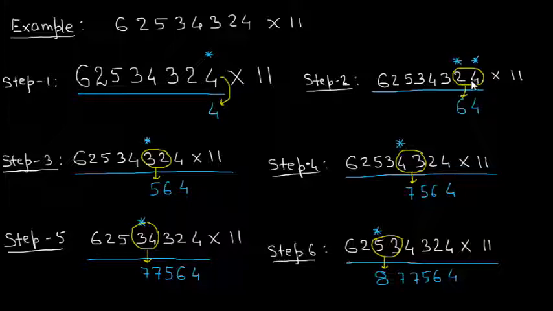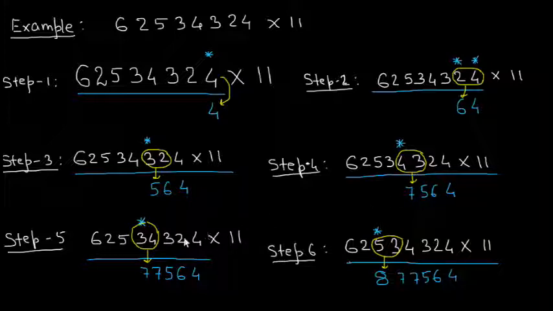So 2 plus 4 is 6. We'll put 6 here. Step 3, we are in 3 now. Its right neighbor is 2, so we'll add this 2. We got 5. Next number, 4, its right neighbor is 3. 4 plus 3, that is 7.